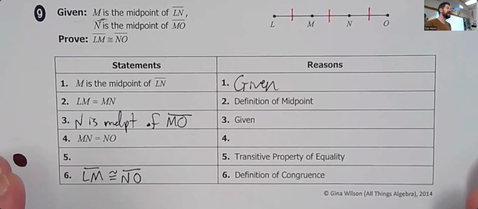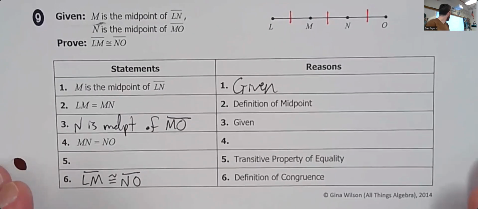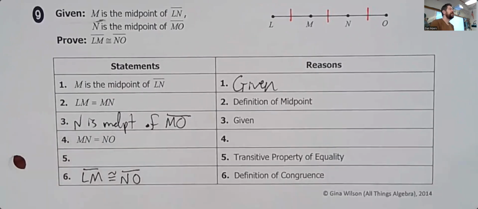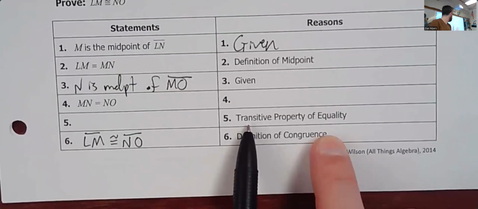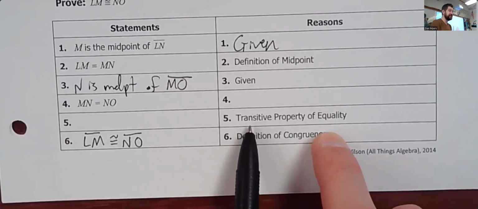I marked things on the diagram as well. Oftentimes when you have three things all equal to each other, you end up using the transitive property, which it tells you you're going to use on this one.